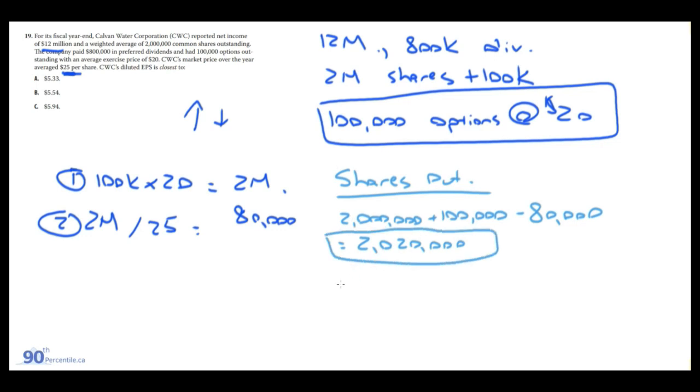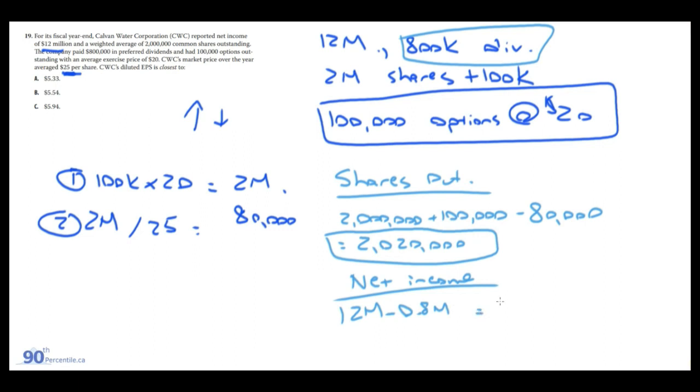Now for the net income, we're going to take the 12 mil and we have to subtract what we paid to preferred shareholders in the form of dividends. So 12 mil minus 800K, minus 0.8 mil, is 11,200,000.